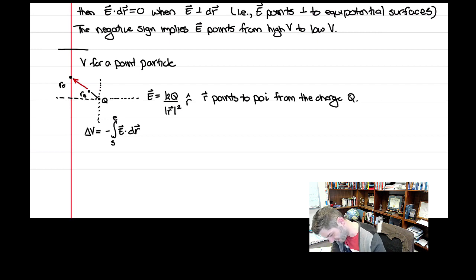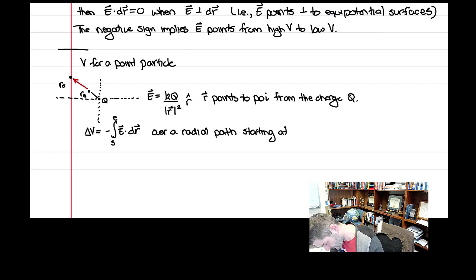So I'm going to evaluate this over a radial path starting at R sub s, that'll be R start, ending at some other distance away from the charged particle, ending at R end, along a straight line.